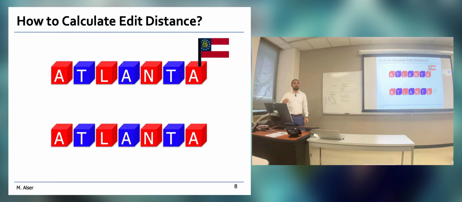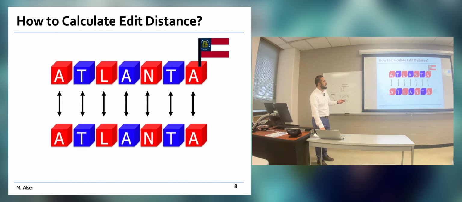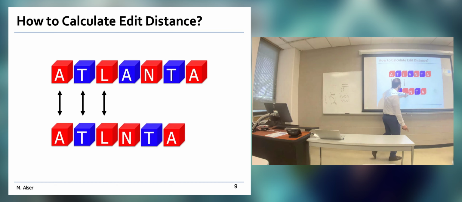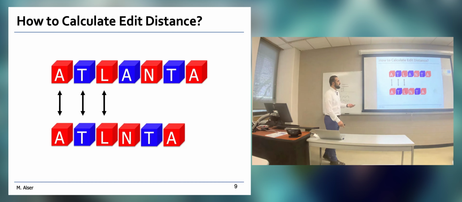And just to recall what we discussed about the effect of edit operations, we have Atlanta and Atlanta as the two words. When I compare them together, if they are exactly the same, then we have a perfect match. Every pairwise character looks exactly the same. Now, if we do a single operation, like a deletion of the A over here, then since we delete that character, all the trailing characters will be shifted to the left to replace the deleted character.